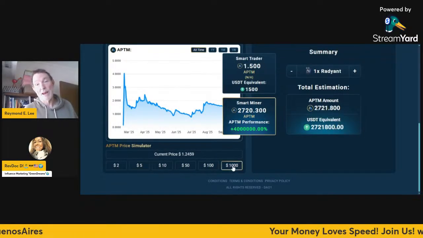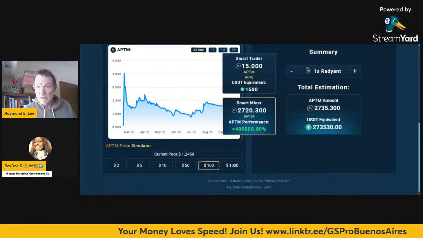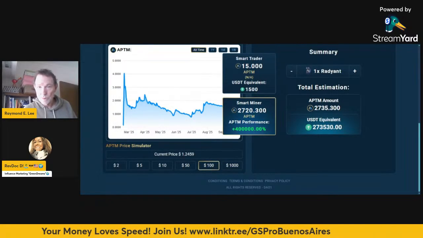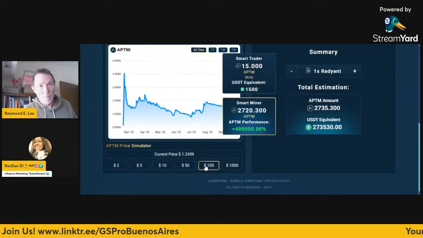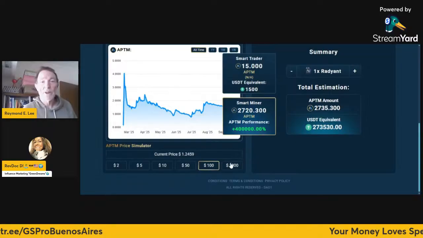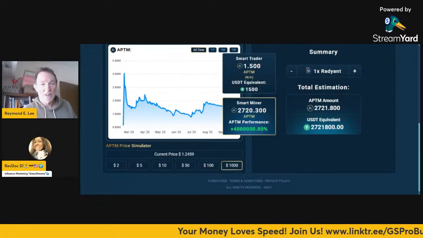If you want to do that, you would be looking at the price of it getting to, because these estimates are like one APTM coin valued at $1,000 a coin is the equivalent of $2.7 million.